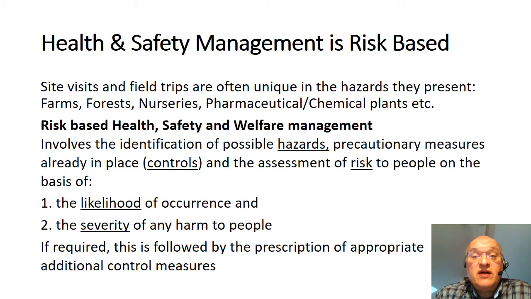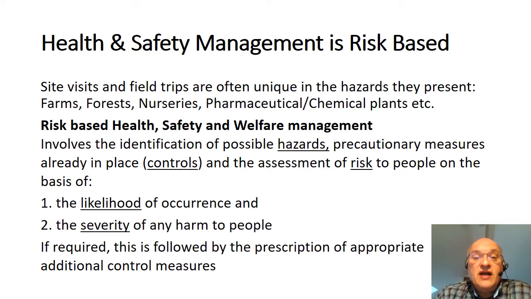And what that involves is that we will identify possible hazards. We will identify precautionary measures that are already in place, which we call controls. So how do we secure student welfare? And then we will make an assessment of the risk to people or to the participants on the basis of two things.